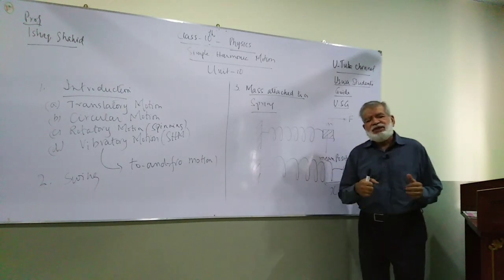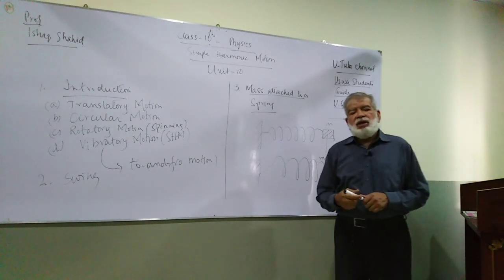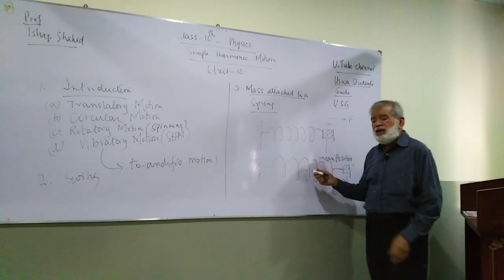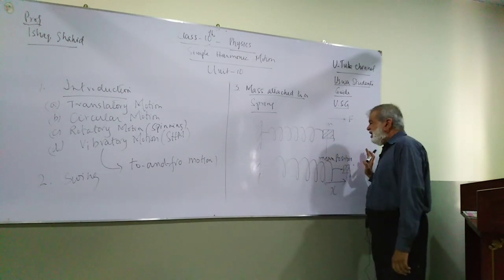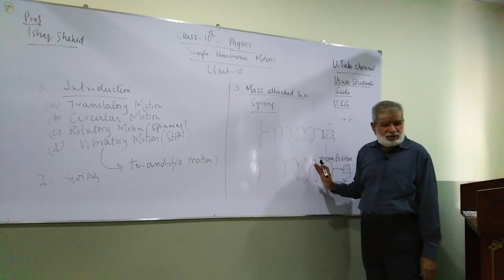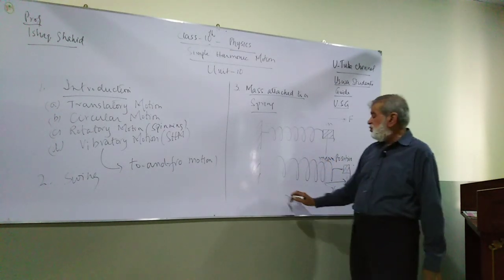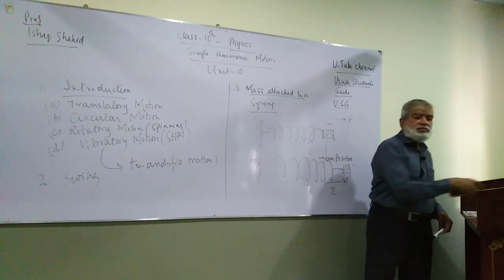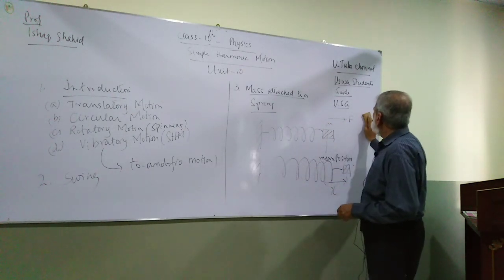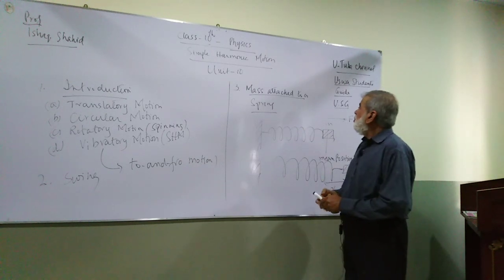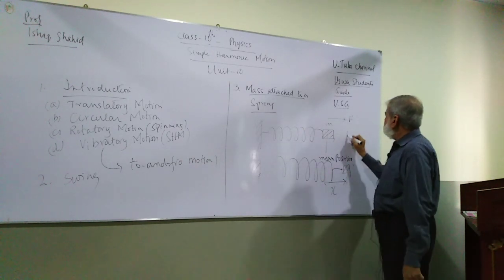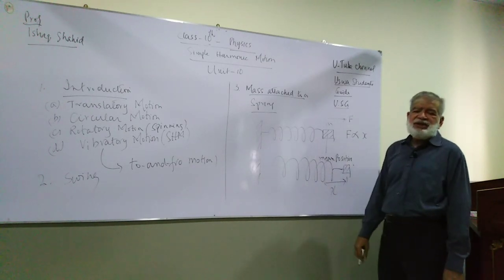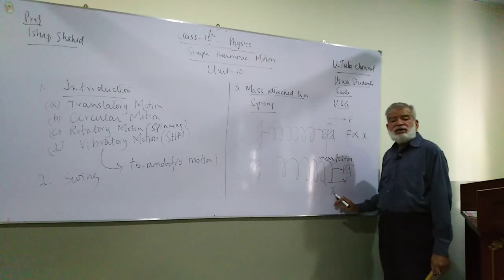Now when you pull the spring, a restoring force will act upon it, which will try to bring it back to the main position. This restoring force F is directly proportional to the displacement x that you have made.